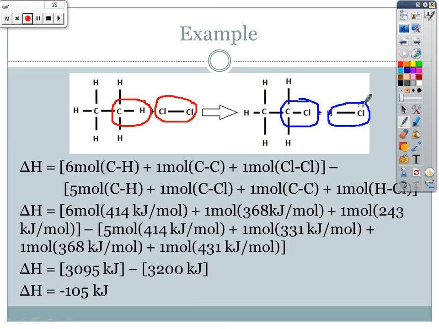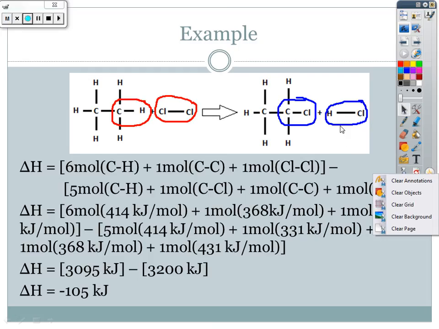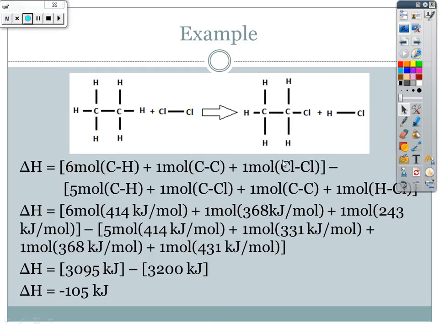Sorry, I didn't mean to go right over that hydrogen. So these are the only bonds that are actually made and broken. And so I can leave out these 5 carbon-hydrogen bonds because they stay the same, and this carbon-carbon bond. I can leave that out and simplify it if I just do the following.